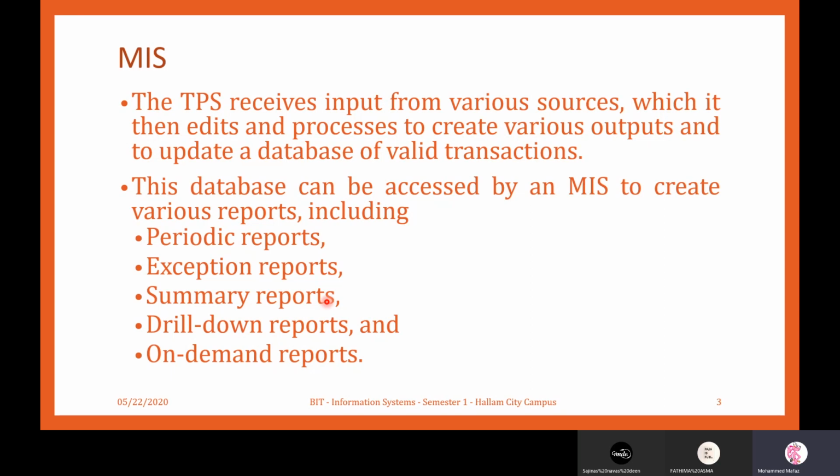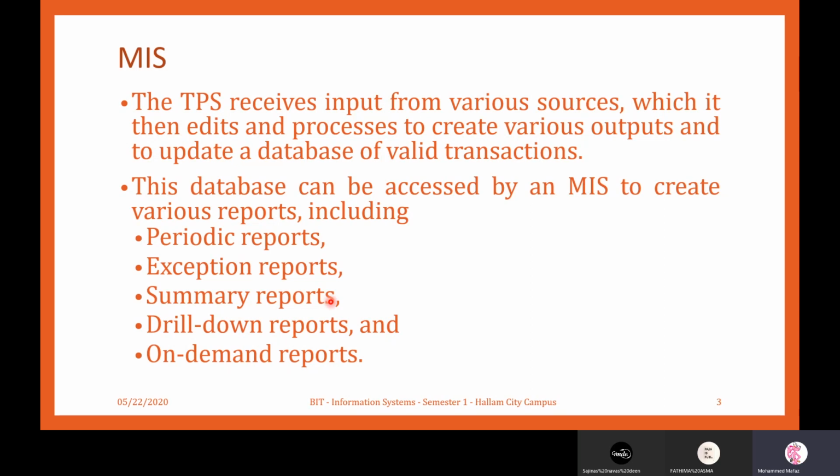You want to see a summary of the progress, maybe the total sales, or maybe the total revenue or profit you have generated for each item. So it gives a summary of each department or each functional area you want to see. That kind of report is called a summary report.